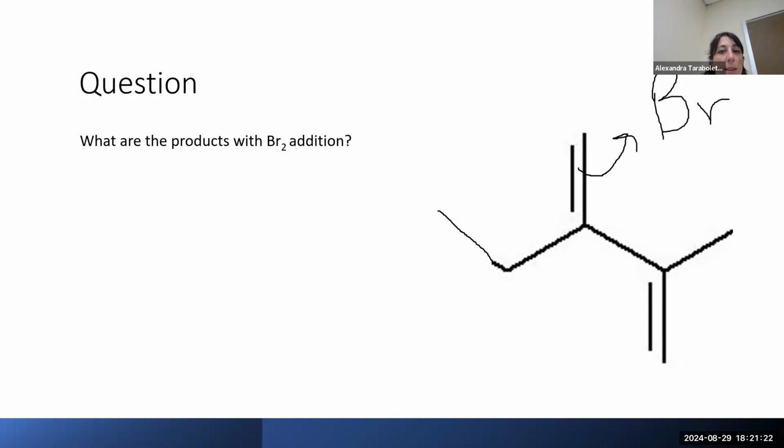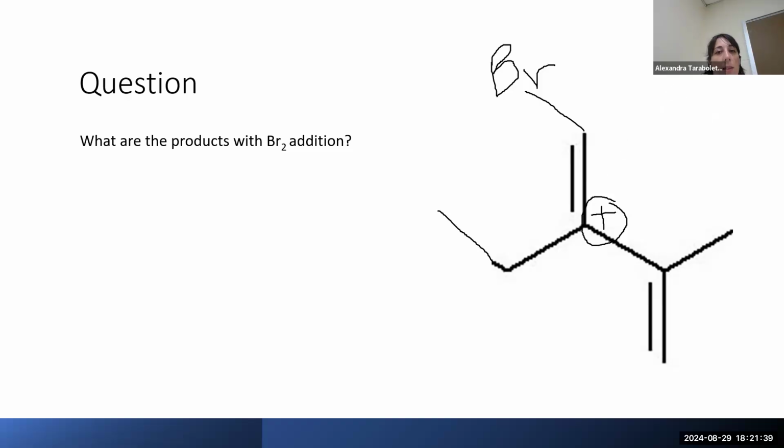So you'd have a bromine on the end here, and that would generate a positive charge here. No more double bond there either. Just think of this as a single bond now. Okay, that's our first addition of bromine.